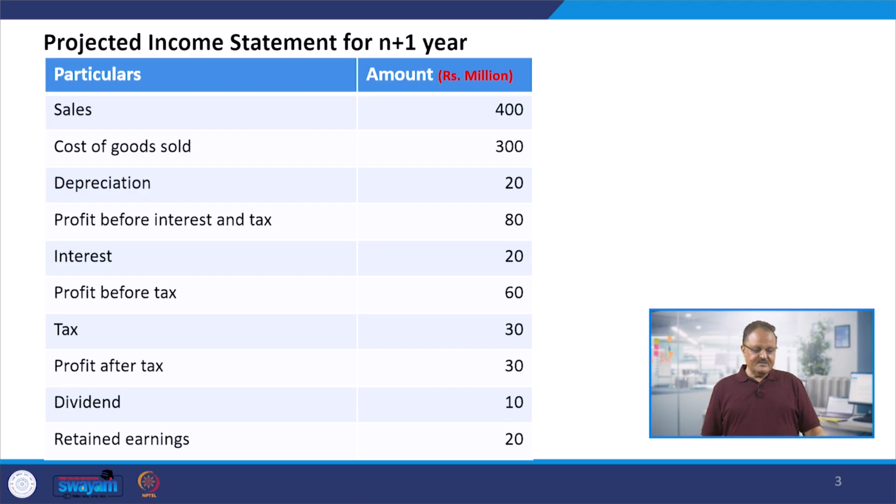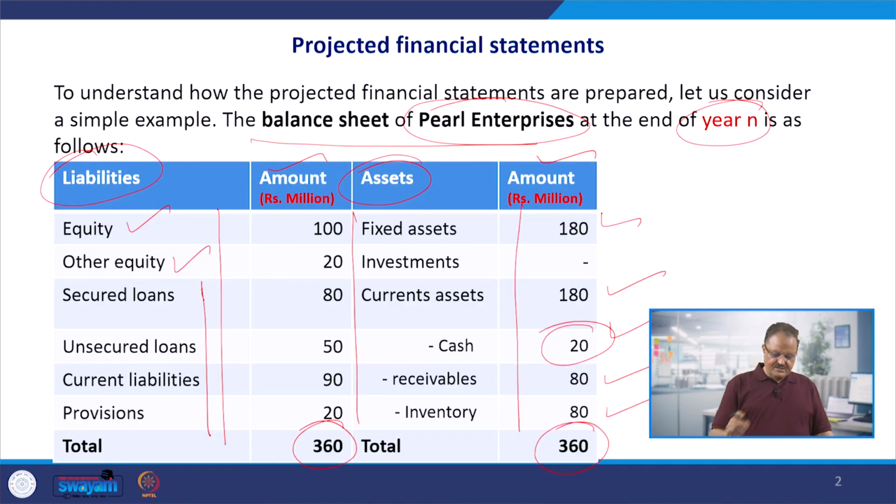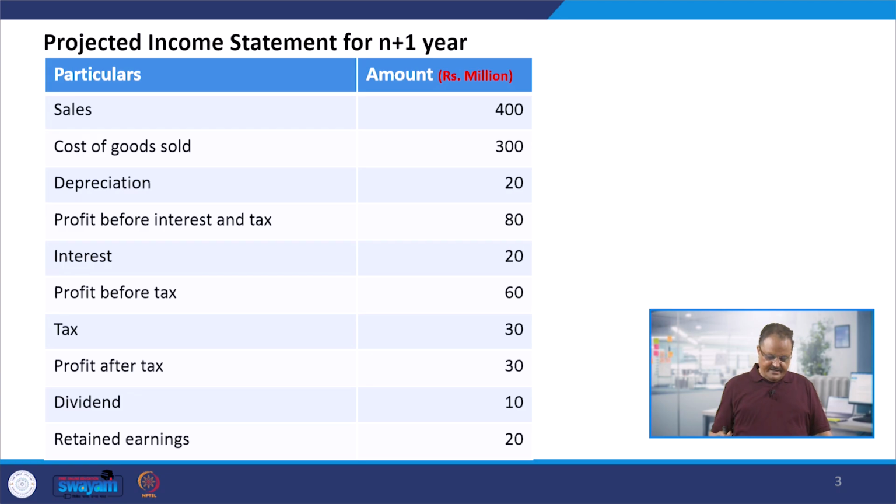One statement is already available to us, already prepared for the N plus 1 year, and that is the projected income statement. Out of these, given the balance sheet for the current year and the projected income statement for the next year N plus 1, we have to prepare the 2 remaining projected statements.